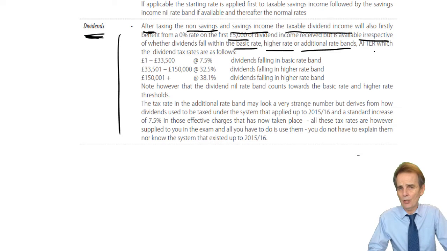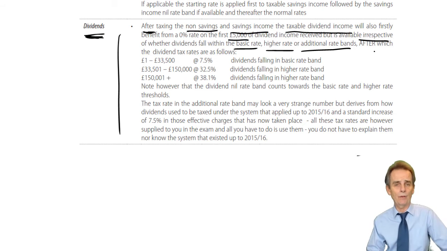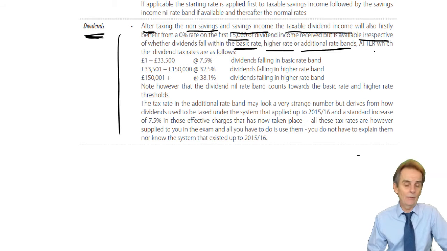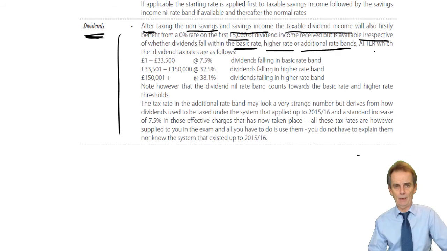So you're only going to pay tax on any dividends if you receive more than £5,000 worth of dividends in any tax year. It means that for the vast majority of taxpayers who just have some shares held within companies, those dividend figures will easily fall within the nil rate band, and on that basis there will be no tax to pay.